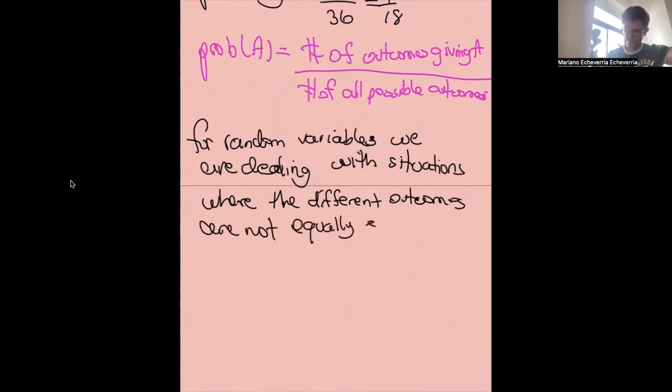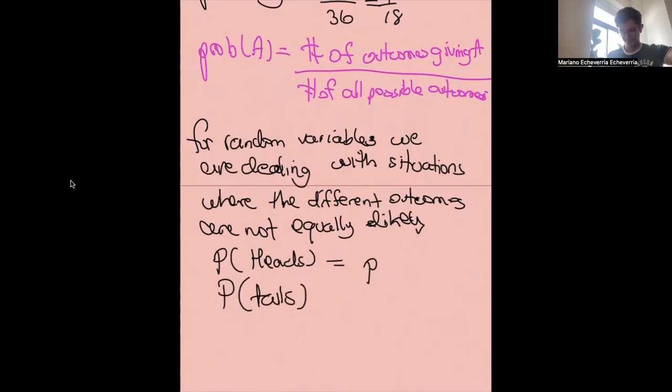For example, the probability of getting heads, now we're calling P, and the probability of getting tails, now we're calling 1 minus P. And now P is not necessarily 1/2. P may not be 1/2.